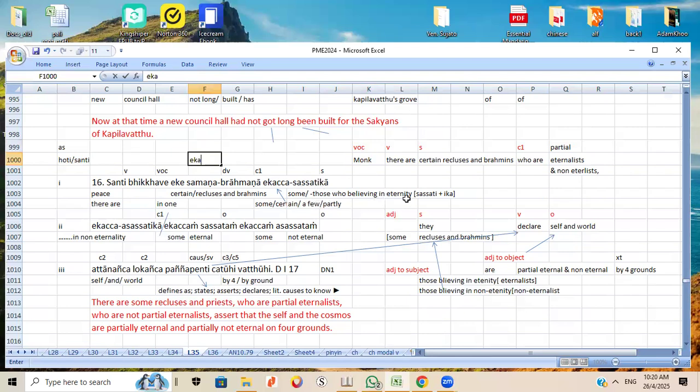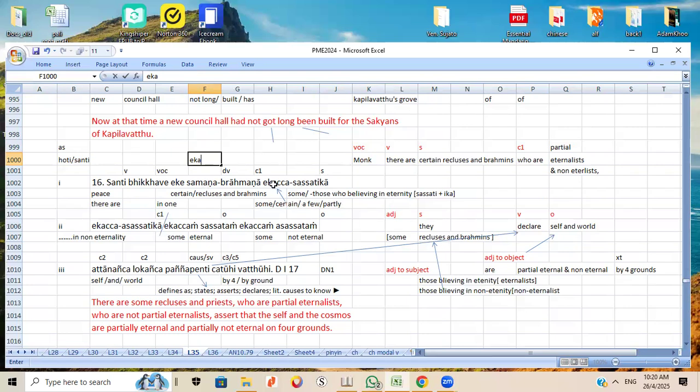If we look into it, that means it is Sasasti plus Ika. Sasasti means the people that believe in eternity. Plus Ika, that means those. I put those. If it's singular, you put one who believes in eternity. In this case, a plural, I put those.